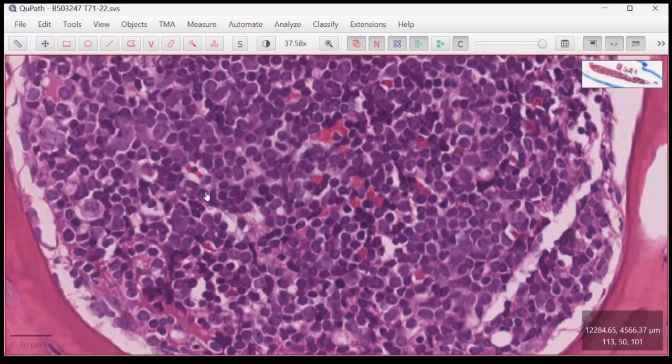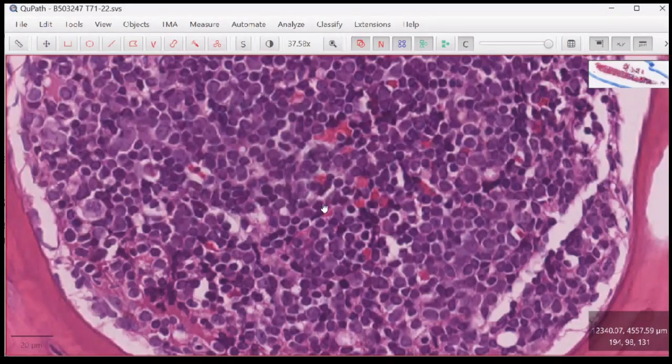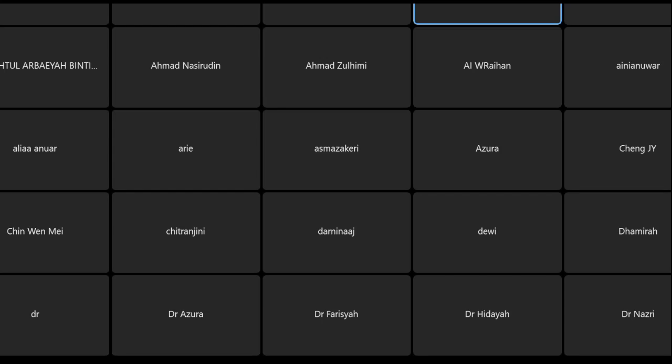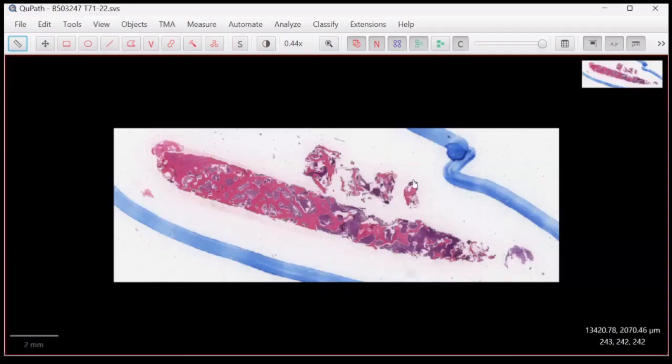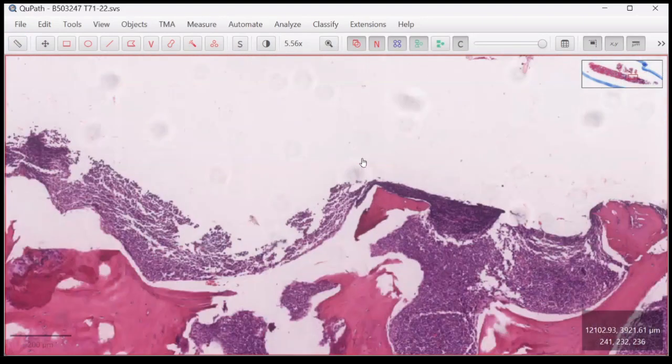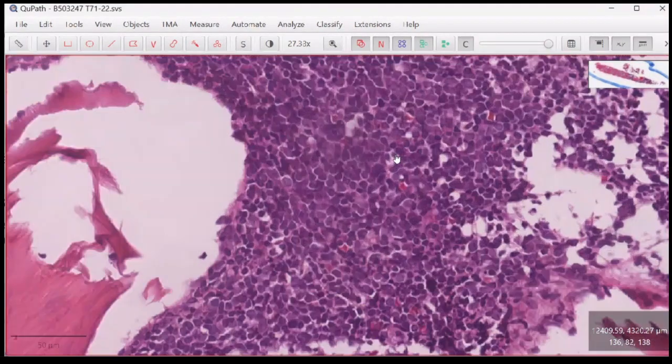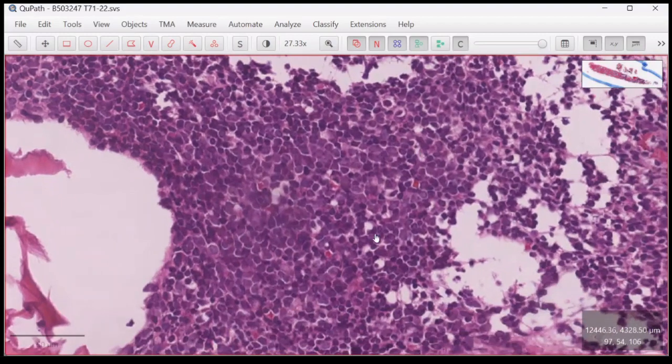They are large and medium size. Hardly any residual hemopoietic precursors.